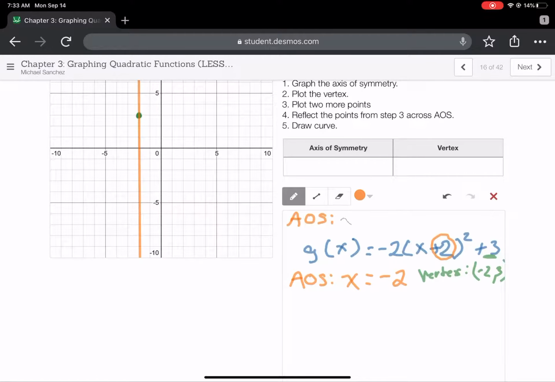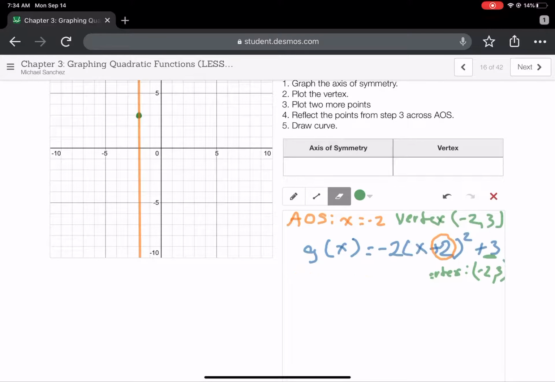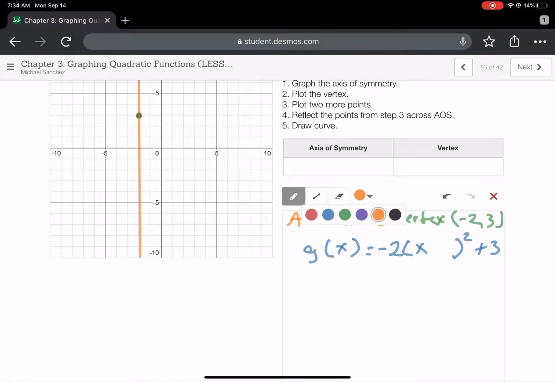The axis of symmetry is x = -2, and our vertex is (-2, 3). Okay, we got that. Now I'm going to pick some numbers to substitute so that I can graph them and find my nice little curve.